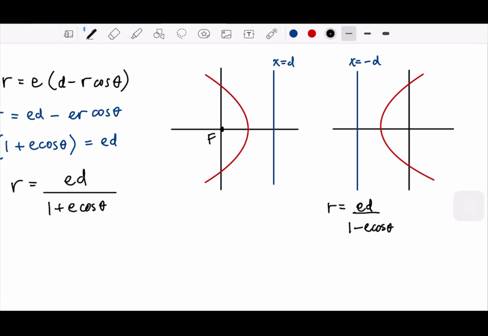Okay, or if you still remember, in polar, I mentioned that there is a certain pattern with cos and sine. This is cos with the positive going to be the right side, cos with the negative will be the left side. It's a similar pattern. And now you'll be able to determine what happens if I change this cos to sine. So let me draw that for you.